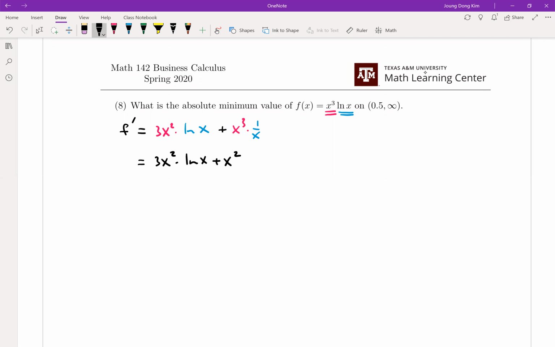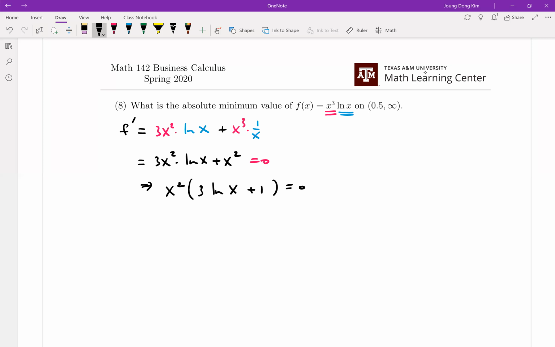To find the critical value, we can set that equal to 0. And then, look at that, common factor x squared out, then 3 ln x plus 1 must be equal to 0. First of all, x squared cannot make this equation equal to 0, because your given interval is 0.5 to infinity.